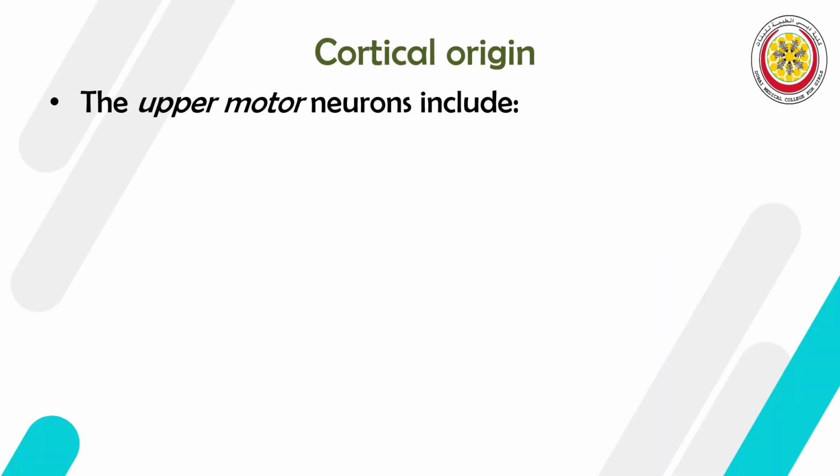Now, the cortical origin of the upper motor neurons, we already mentioned them. Just to wrap up, they come from the giant Betz cells. We studied them in the histology of the cortex. You remember? There are two areas in which we have pyramidal cells concerned with movement. Some of these pyramidal cells are very large.